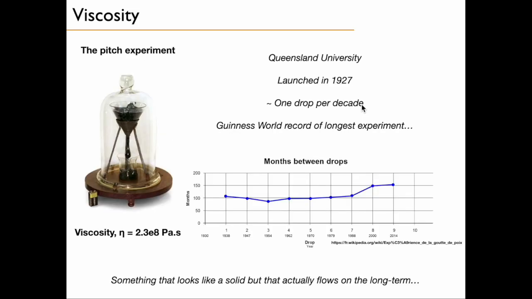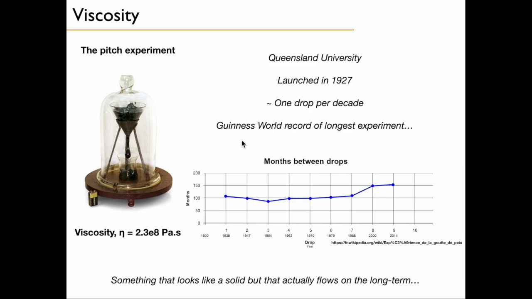Pitch is known as a high viscosity fluid, and actually an experiment was started in 1927 in Queensland University, and they put some pitch into a little bucket here with a hole, and the pitch is flowing down. It's viscous, it's flowing down under gravity, and it's making 1 drop approximately per decade.